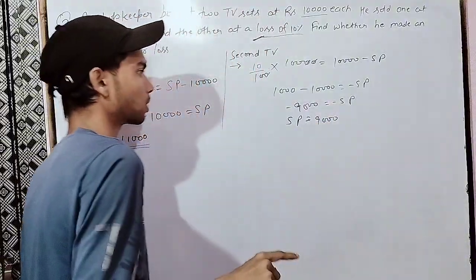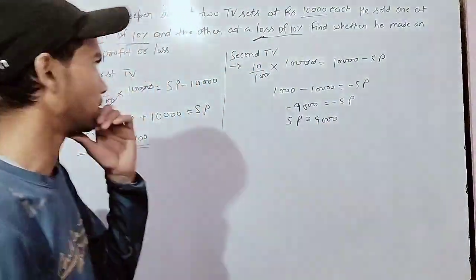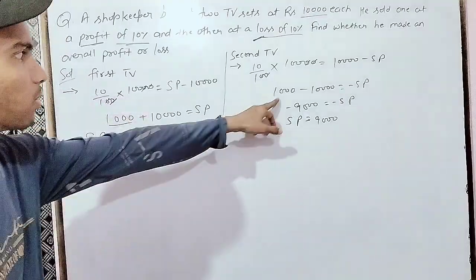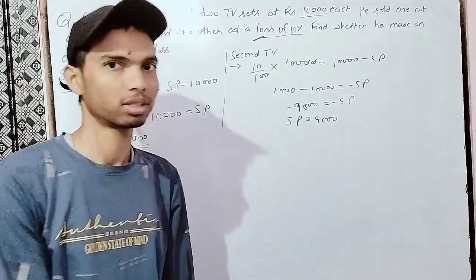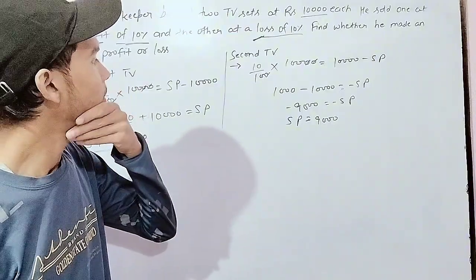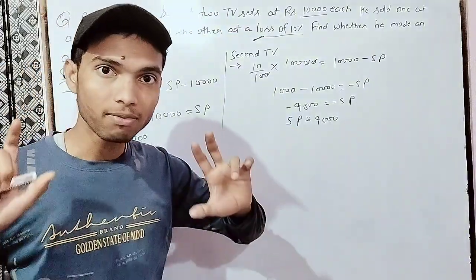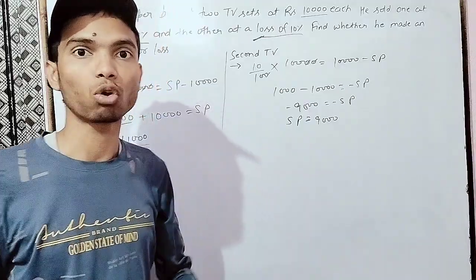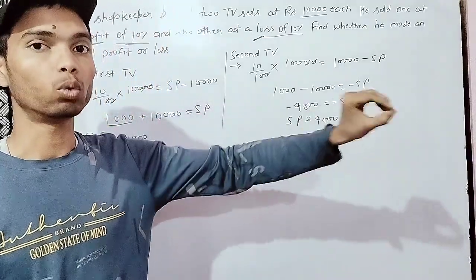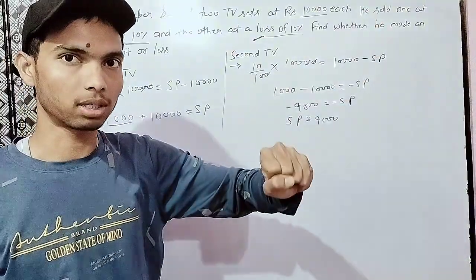Now again, the same person asks you to tell where the loss is. How much is the loss? You would say 1,000. 1,000 is the loss. So finally, this is the final selling price of the second TV, which made a loss of 10%.